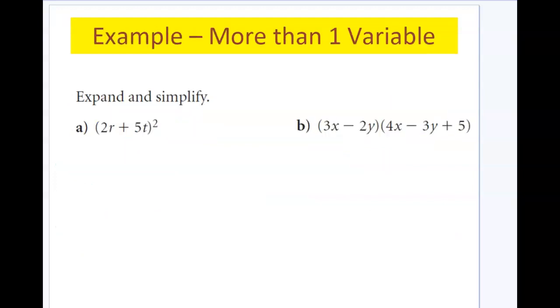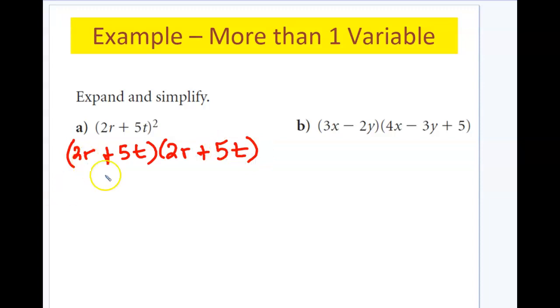All right, what happens now when we have more than one variable? Well, same kind of approach. So 2r plus 5t squared really means 2r plus 5t times 2r plus 5t.